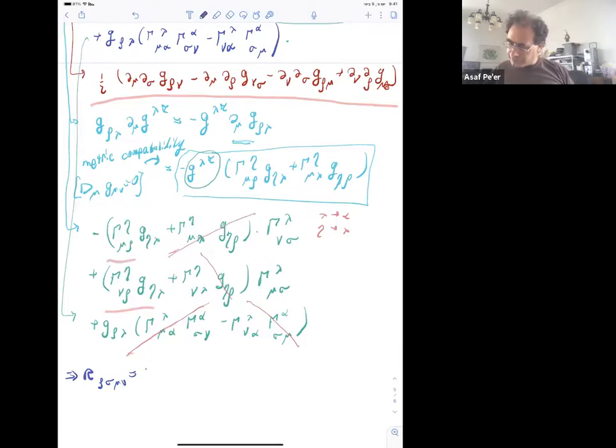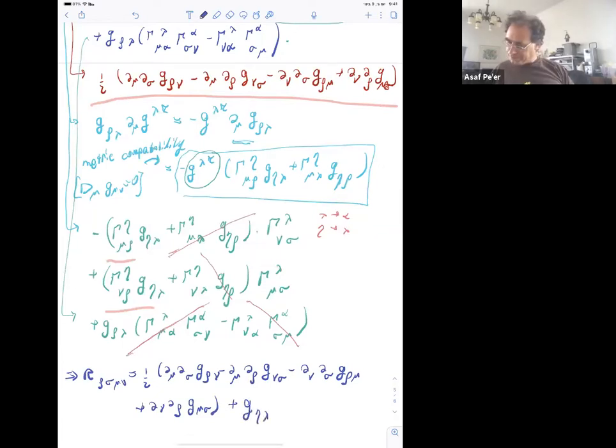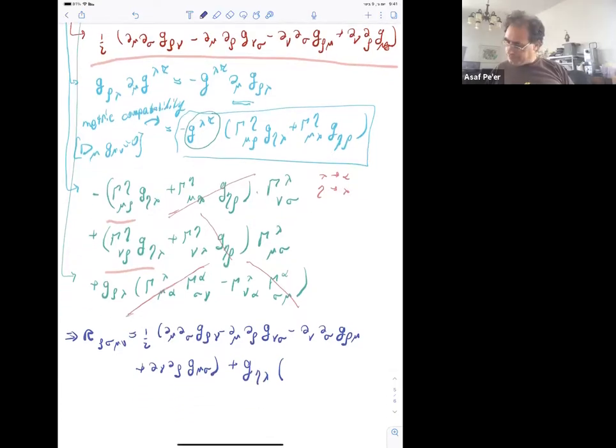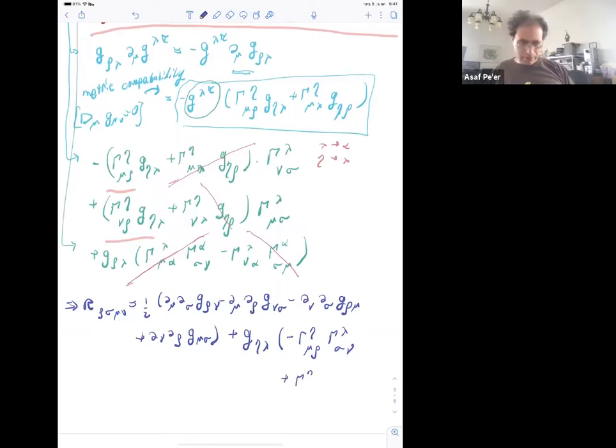So this is just 1/2 d mu d sigma g rho mu minus d mu d rho g mu sigma minus d mu d sigma g rho mu plus d mu d rho g mu sigma plus g eta lambda and minus gamma lambda eta mu rho gamma lambda sigma mu plus gamma lambda eta mu rho gamma lambda mu sigma.